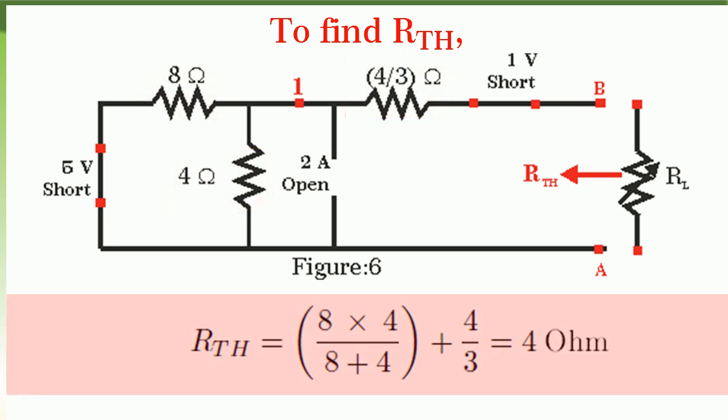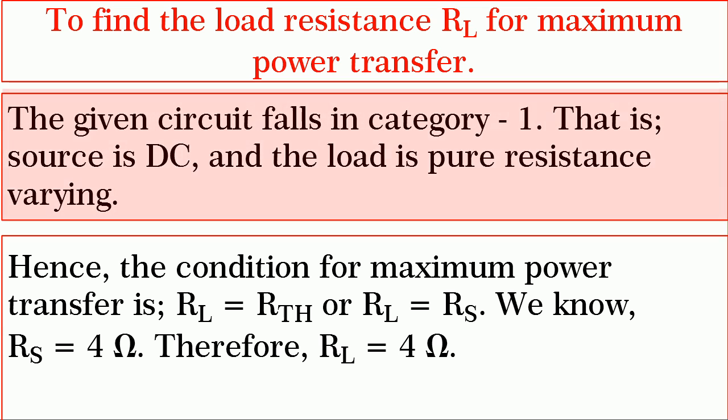Hence, R Thevenin is equal to 8 into 4 divided by 8 plus 4 by 3 which will give us 4 ohm. We know that the source is DC and the load is varying resistance. Hence, condition for maximum power transfer is RL is equal to R Thevenin is equal to RS. Hence, RS is equal to 4 ohm and RL is equal to 4 ohm.